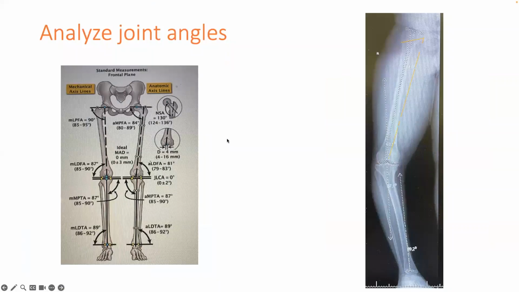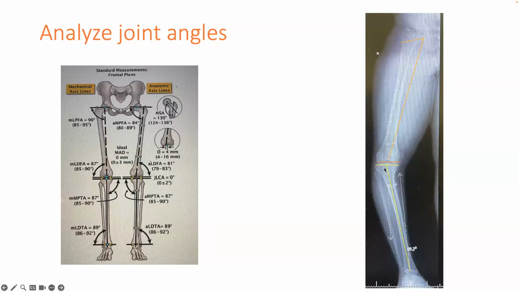So then drawing the mechanical axes and measuring the mechanical axes of the bones, we can see that the distal femur has a lateral distal femoral angle of 104 degrees, which is too much, greater than the 87 it's meant to be.